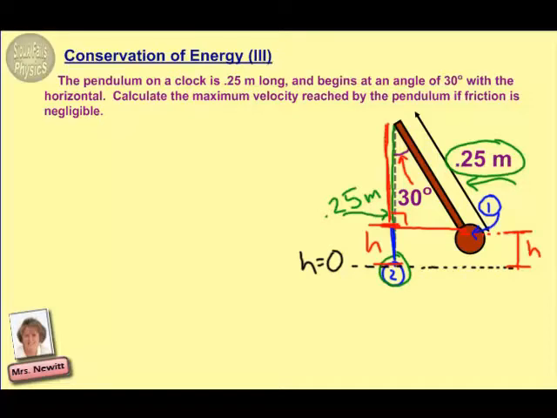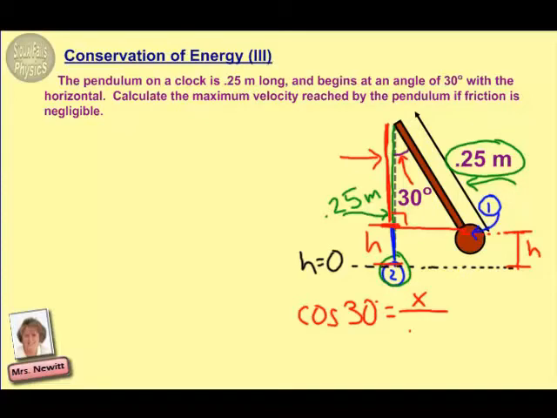So now we can do a little bit of trig, because since we have the hypotenuse at 0.25 and the angle of 30 degrees, we can figure out this side of the triangle. Notice that that is adjacent, so we would be using the cosine. Cosine of 30 degrees is equal to our unknown side, and for now we can just put in x because that's really not going to have any meaning to us in the conservation of energy part.